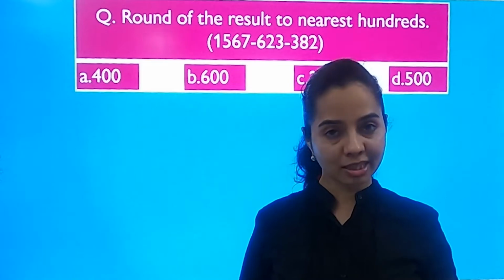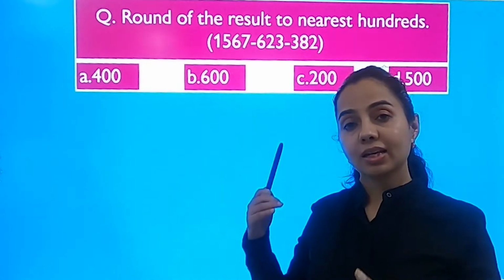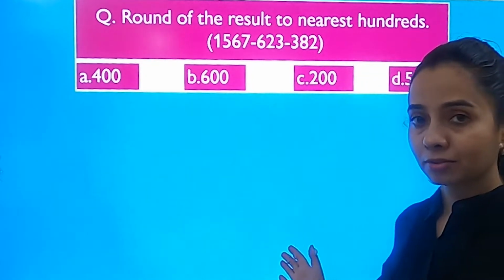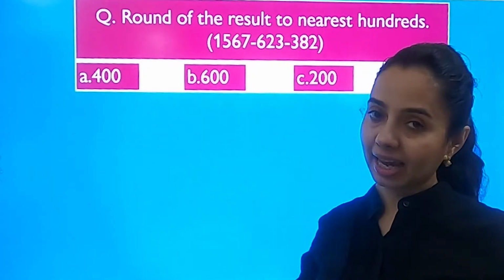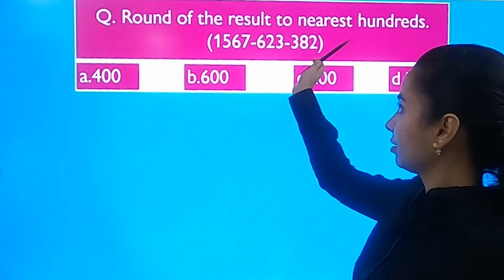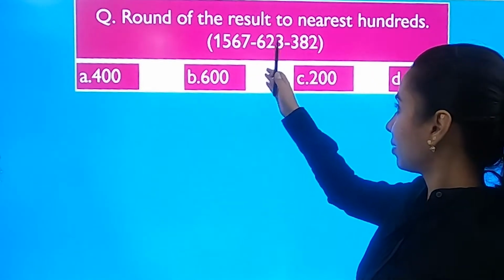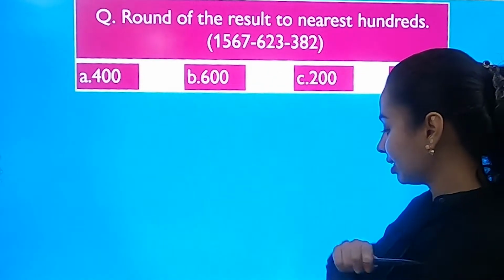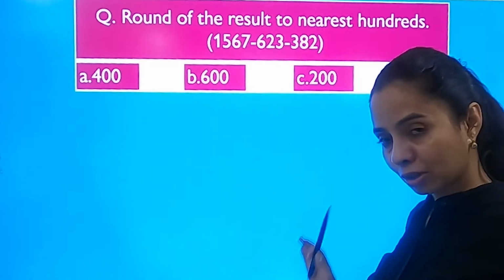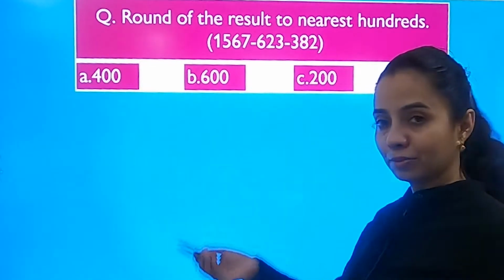This is our second question. In these types of questions, they will first ask you to calculate and then round off. So in this example, I've taken 1567 minus 623 minus 382. We will solve it first, so you may try it.